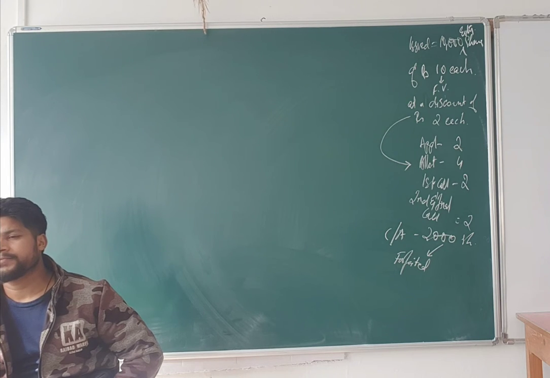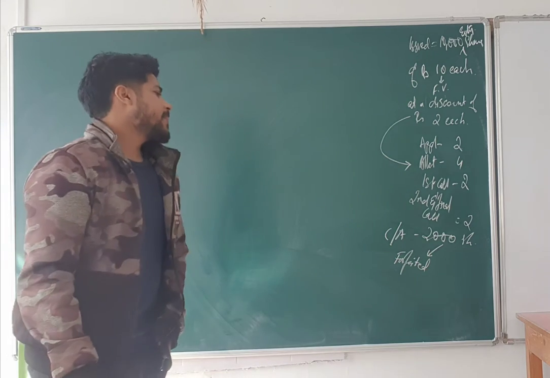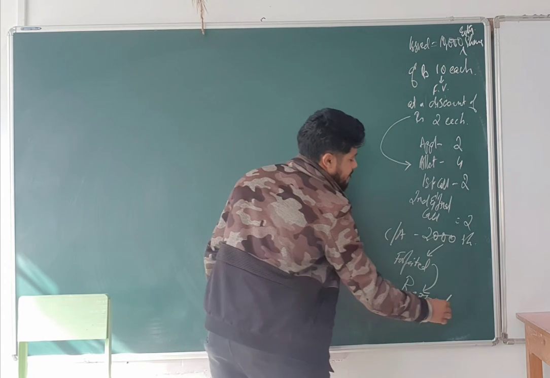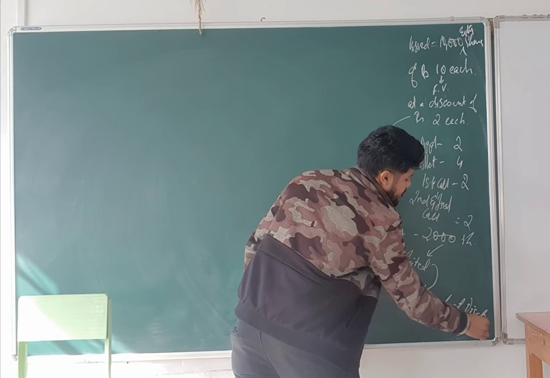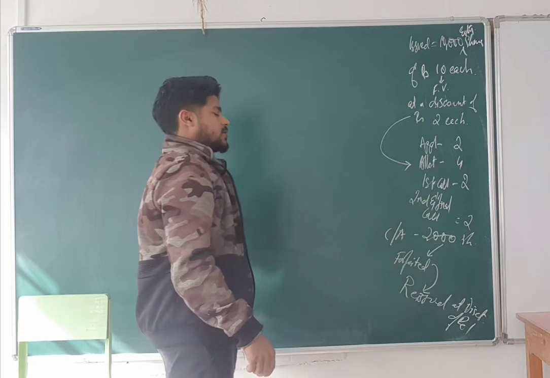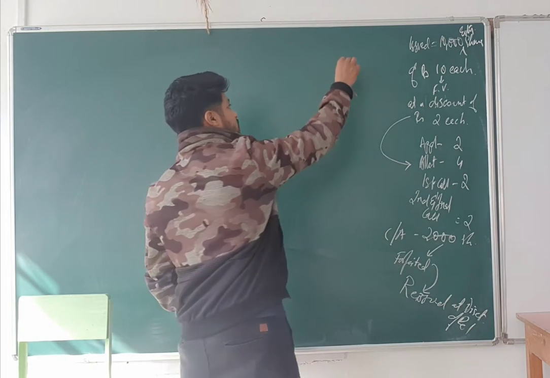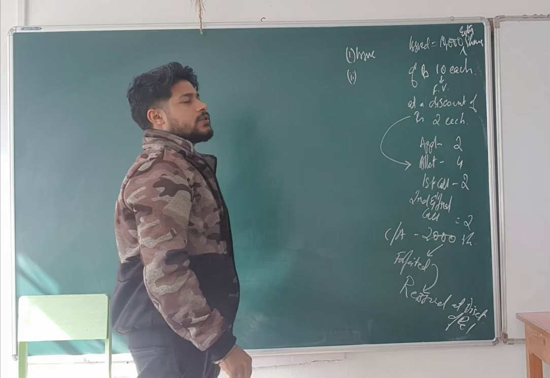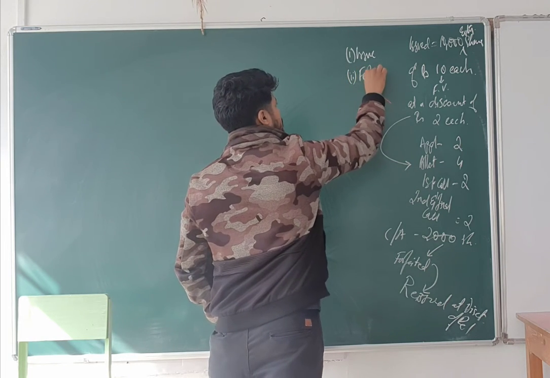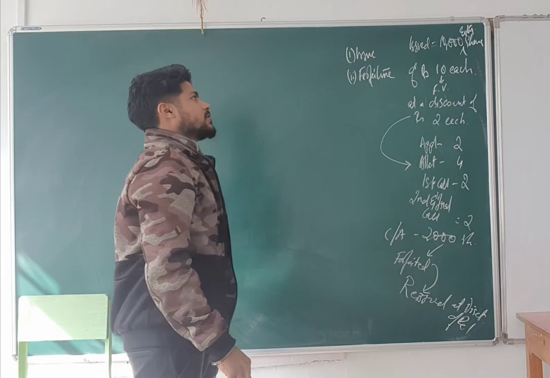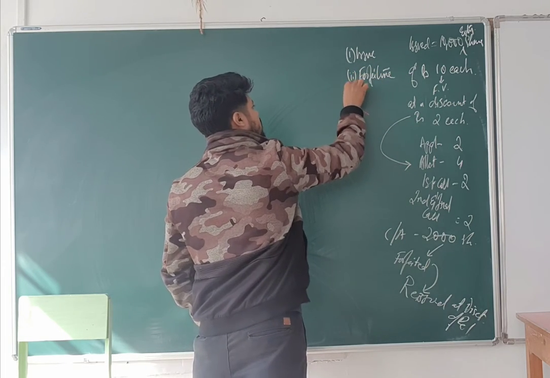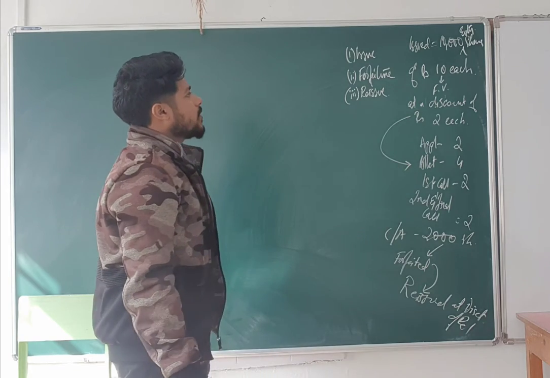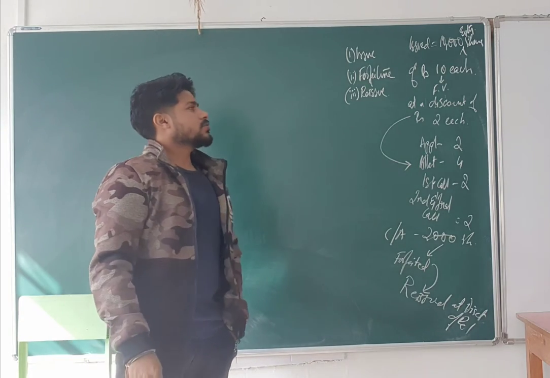Pass necessary journal entries for the issue, comma, forfeiture, forfeiture also means cancellation again, and reissue of shares.